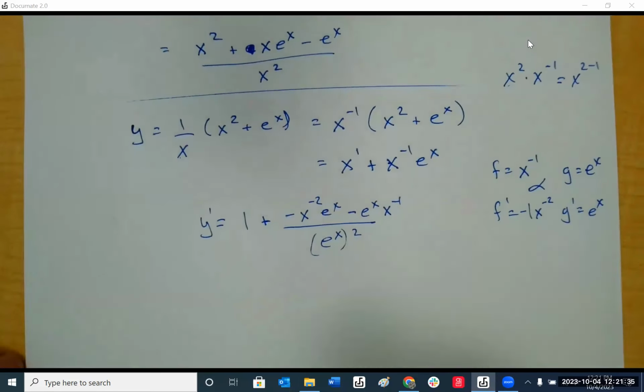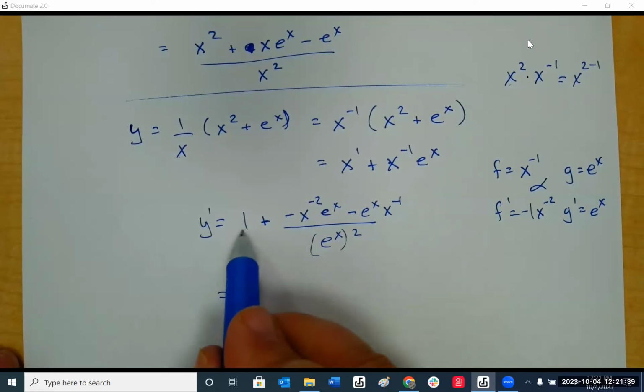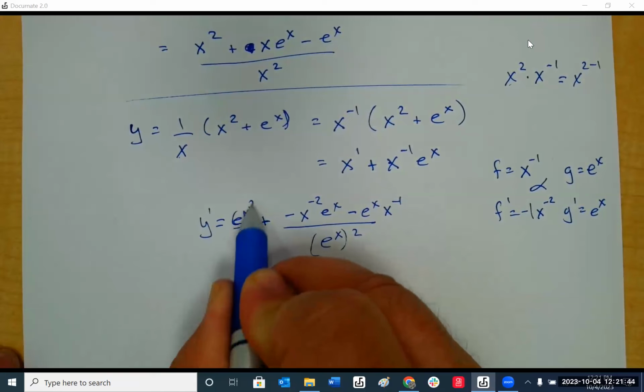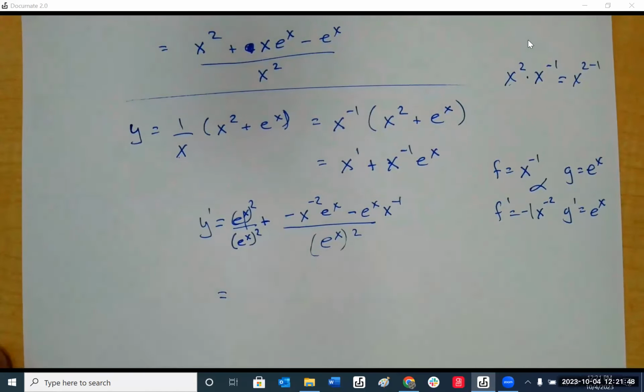Okay, that's where it stopped being simple. Because now we have to get a common denominator, e to the power x squared over e to the power x squared.